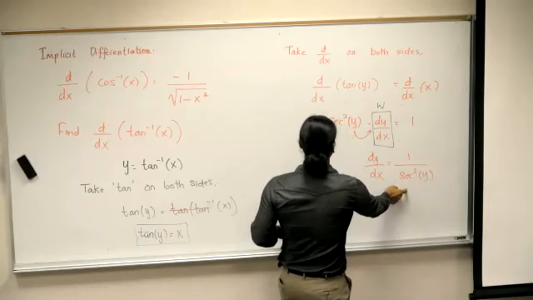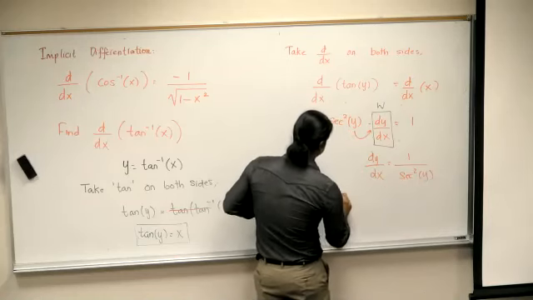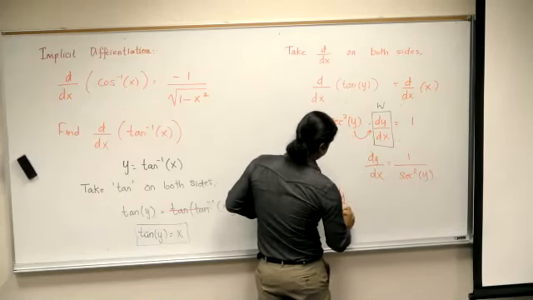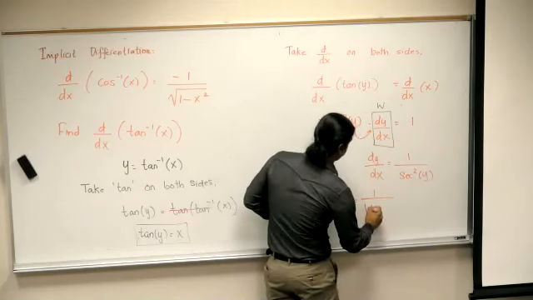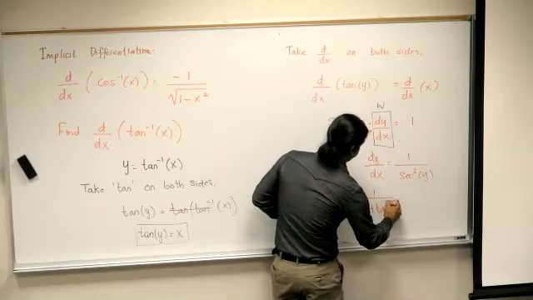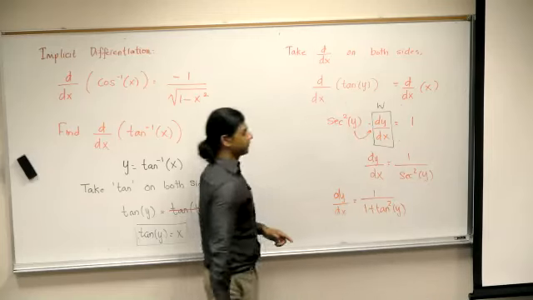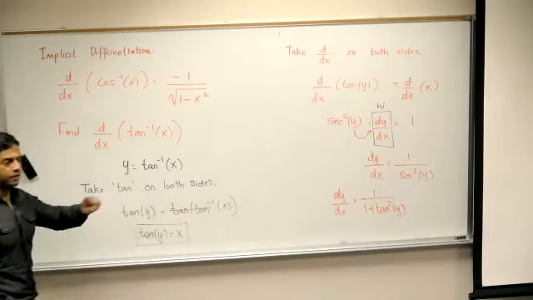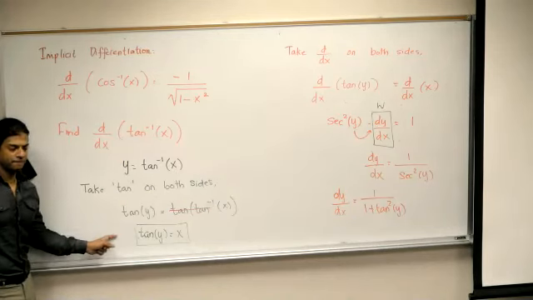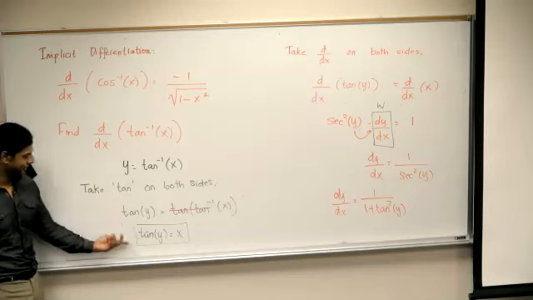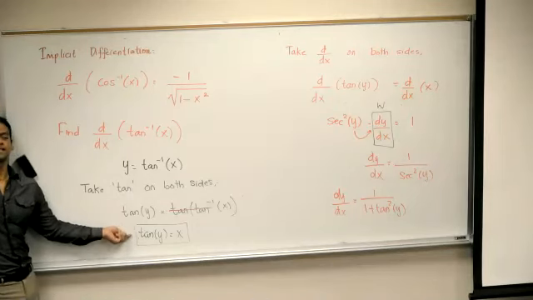So dy over dx, we know the identity: one over 1 plus tangent squared y. Going back to the very first step, x is tangent y.